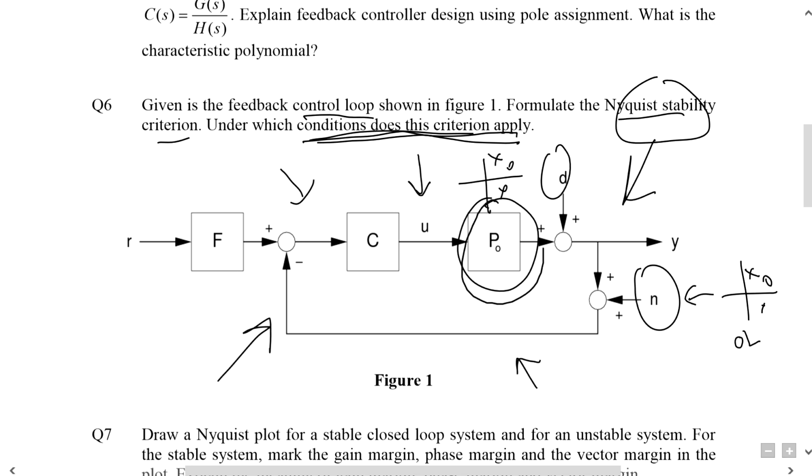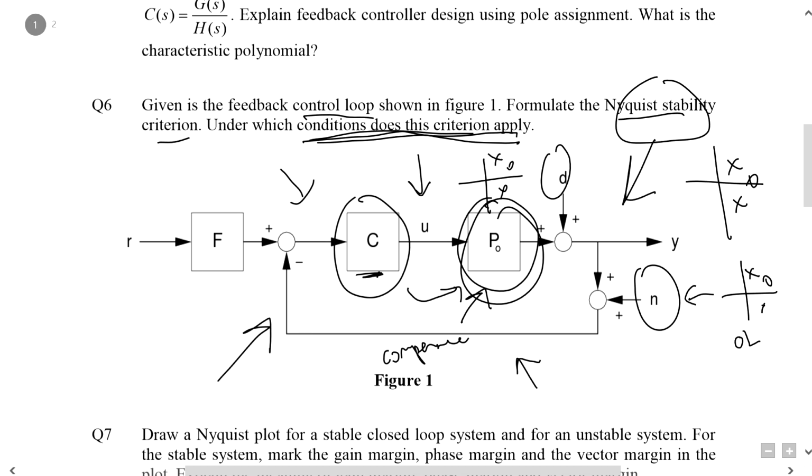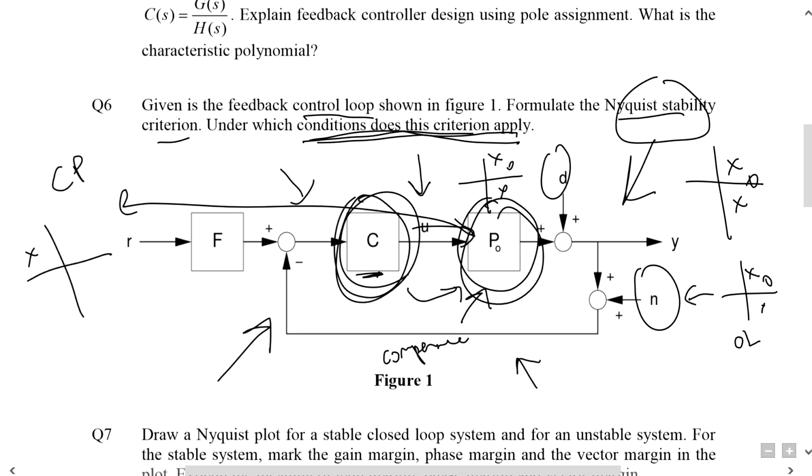After so much, we know that the controller controls, or we use the word compensates for, the plant's instability. So when the plant is open loop unstable, there are poles and zeros over here, and you need to use a controller to close loop the plant, such that when you close loop the whole CP, you have all your poles and zeros on the left half plane, so that the right half plane is safe.